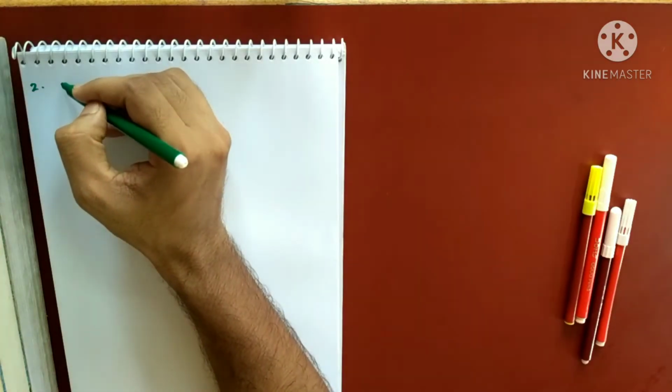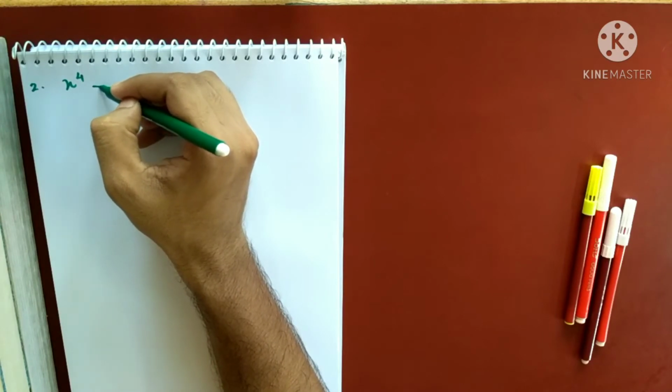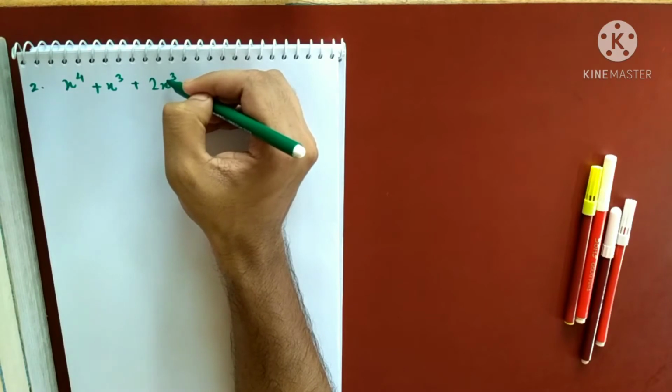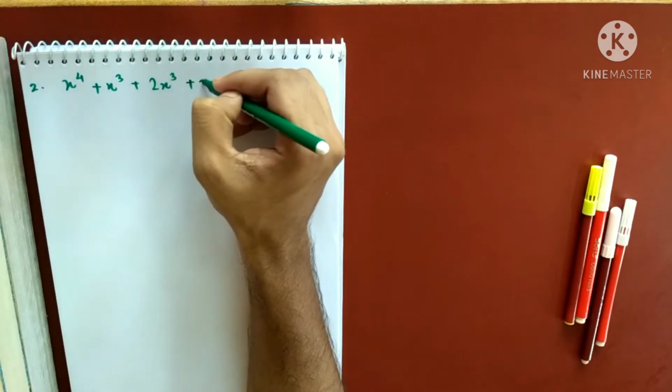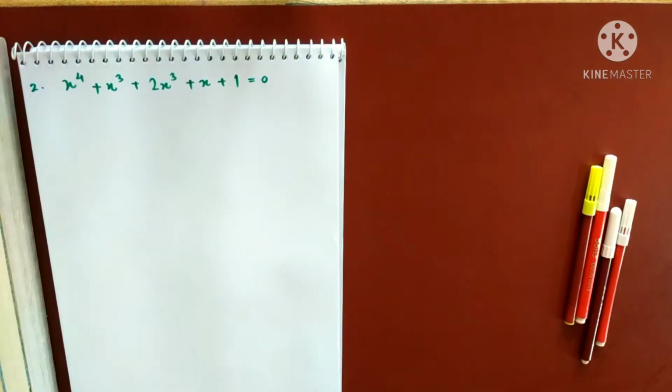So let's consider this reciprocal equation: x to the power 4 plus x cube plus 2x square plus x plus 1. Again I will show a way to solve a reciprocal equation of the first kind.